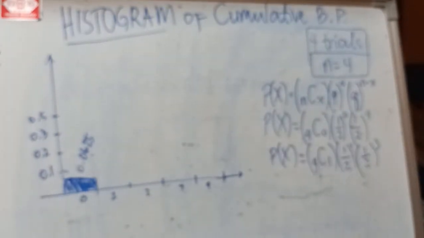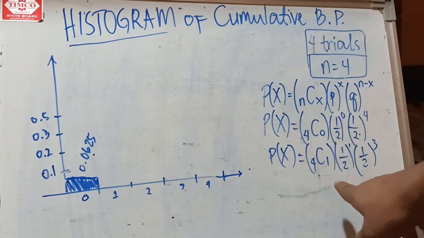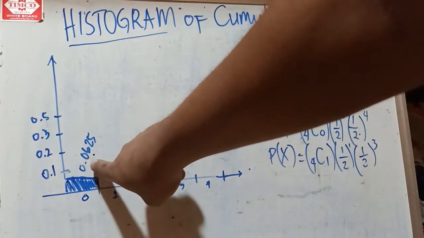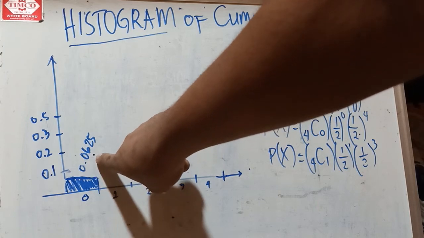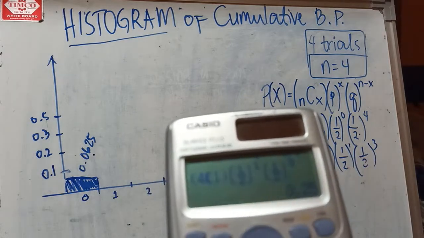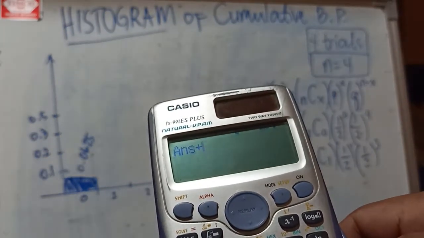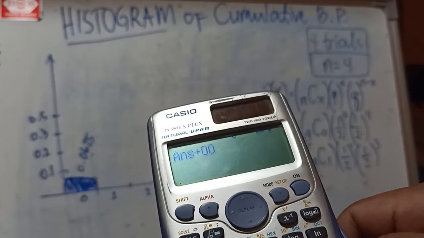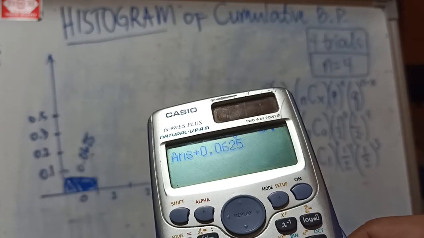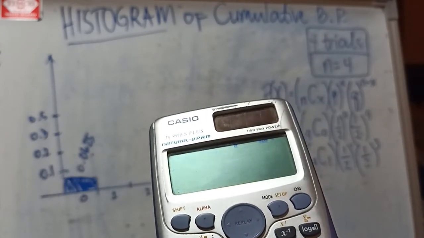Now the trick here: since this is cumulative, the result on this one should be added to 0.0625. So that is the trick. We add the one on the left, 0.0625. Whatever the sum is, that is what we indicate for 1.